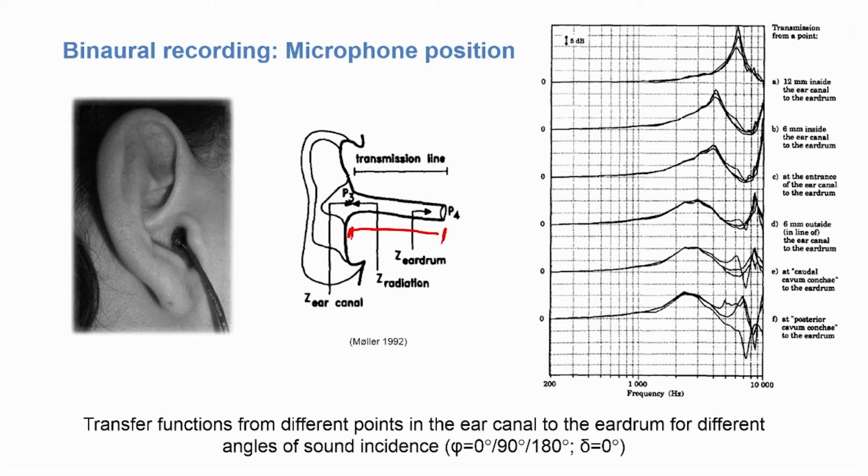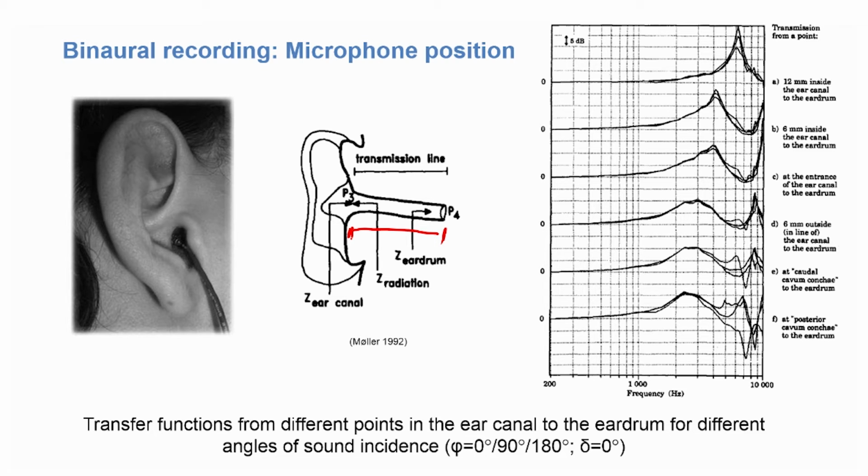Since for binaural synthesis we want to excite the eardrum, you could think that intuitively it is better to record as closely as possible to the eardrum. This is, however, not necessary. The most important point is to find a position where all directional information about the angle of sound incidence is already encoded.